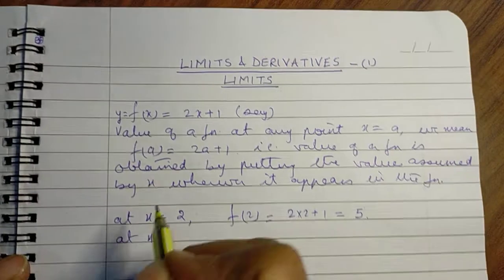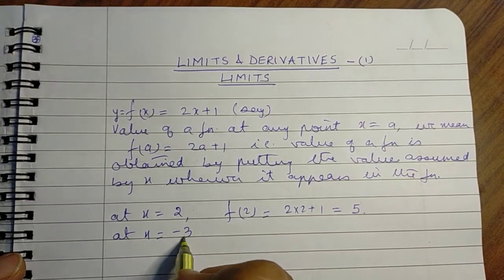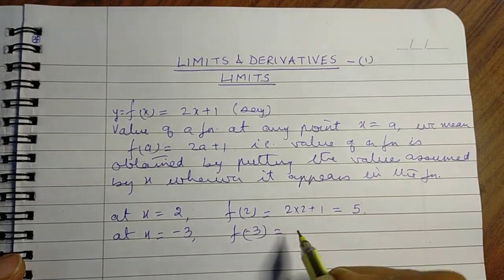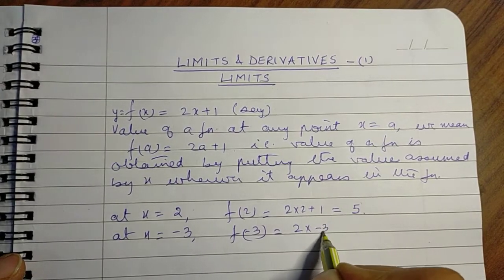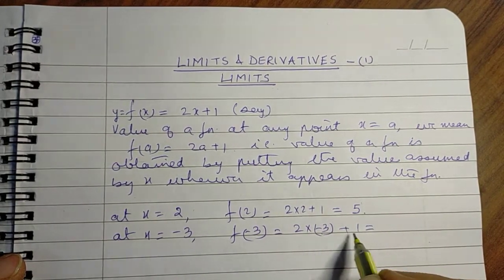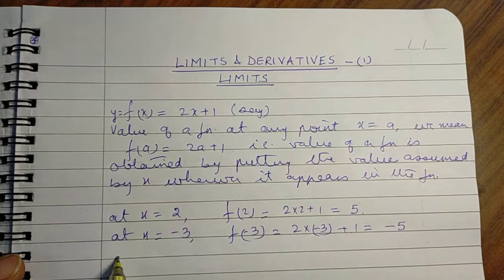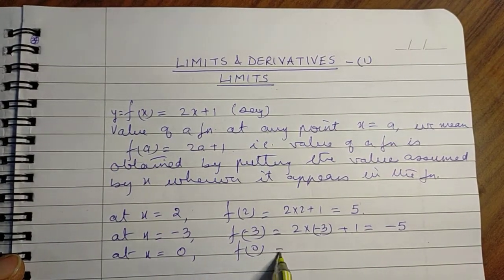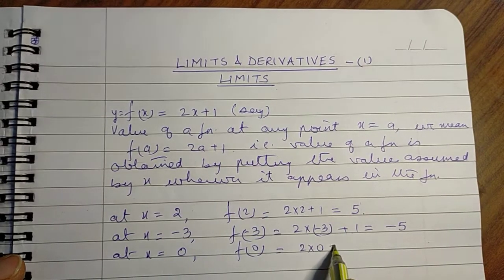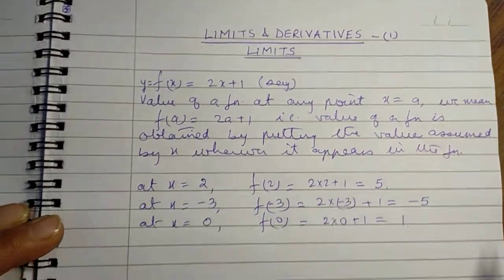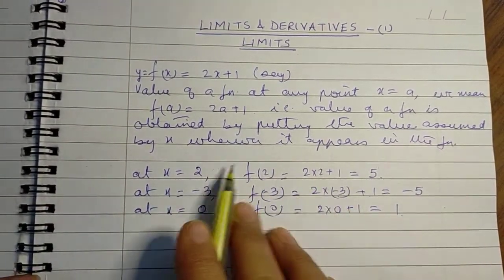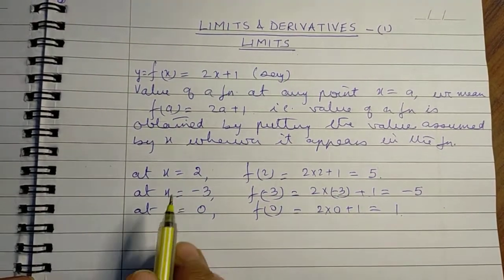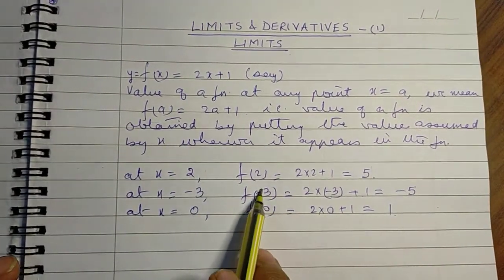Similarly, at x equal to minus 3, f(-3) would be equal to 2 into minus 3 plus 1, that is minus 6 plus 1, that is minus 5. At x equal to 0, f(0) is equal to 2 into 0 plus 1, that is 1. Likewise, we can find the value of the function at all points wherever the function is defined.